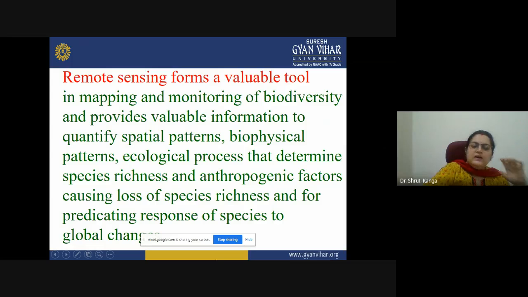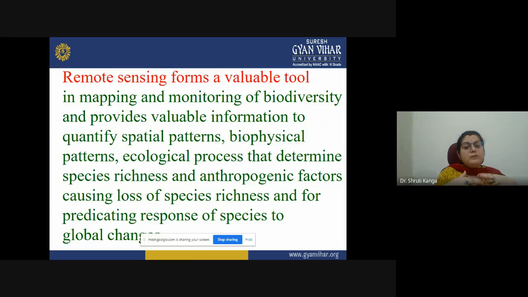So remote sensing is a very valuable tool as far as mapping is concerned. I told you how, because we have a synoptic view of a complete state in one go. We can clip an area if we want to study an individual forest division, or we can monitor the biodiversity, and we can also provide information which is very helpful to quantify the spatial patterns of the forest in a particular area.